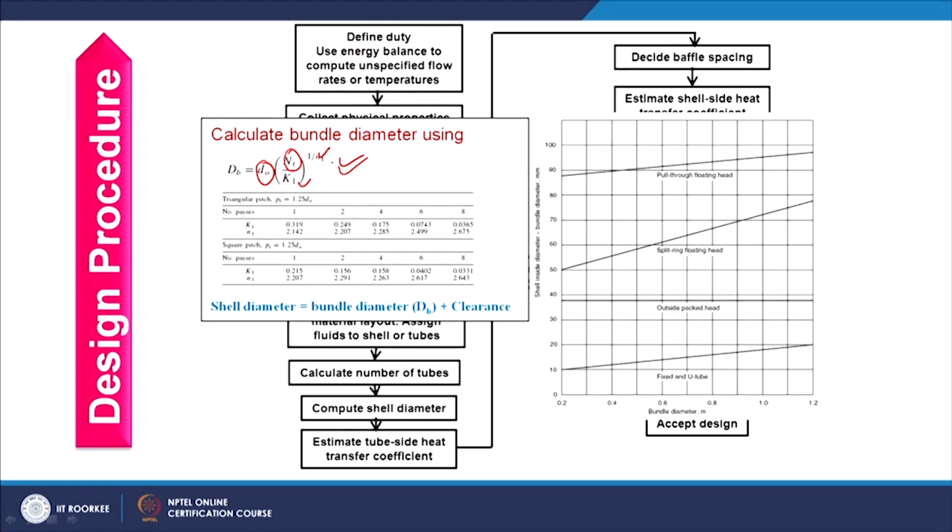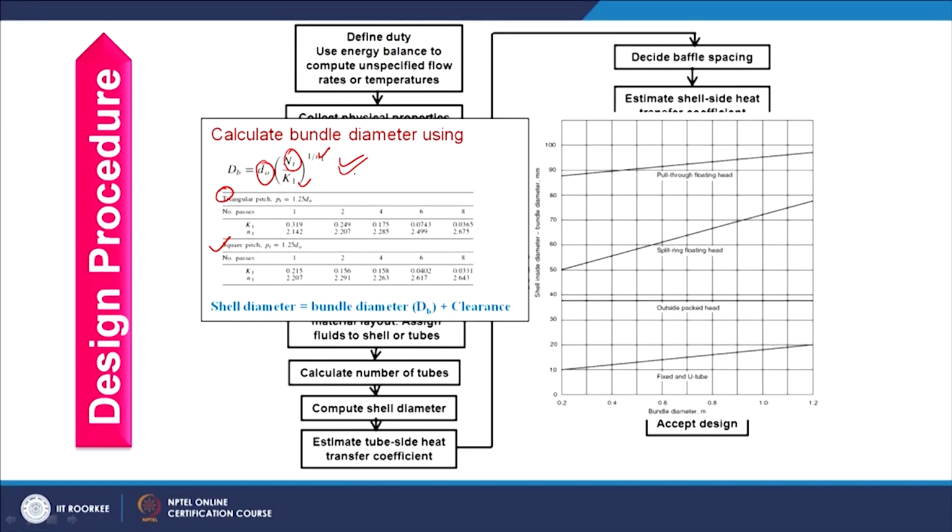K1 and N1 will depend on the passes as well as the pitch. So, initially you have to assume the required pitch, and then you have to consider the number of passes, and depending upon this you can find out the bundle diameter.